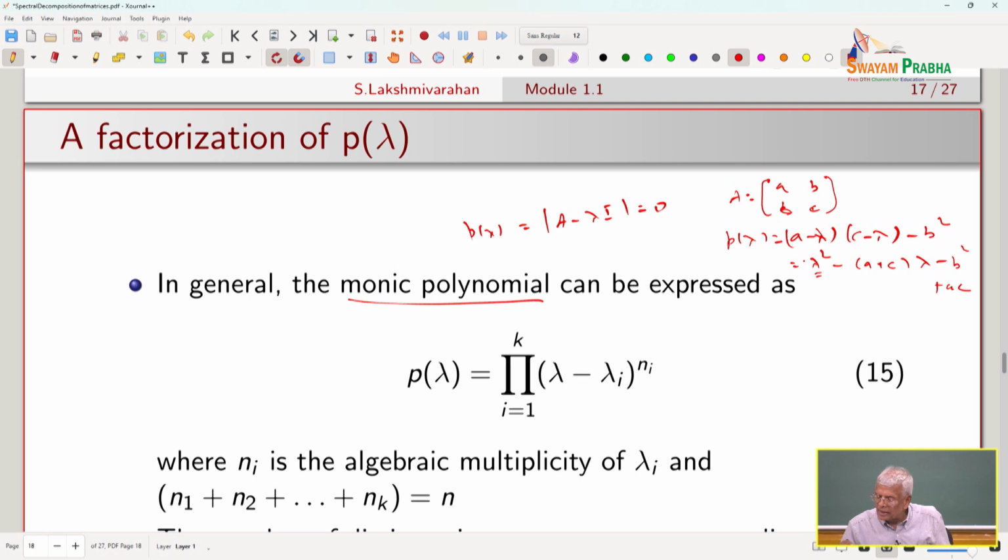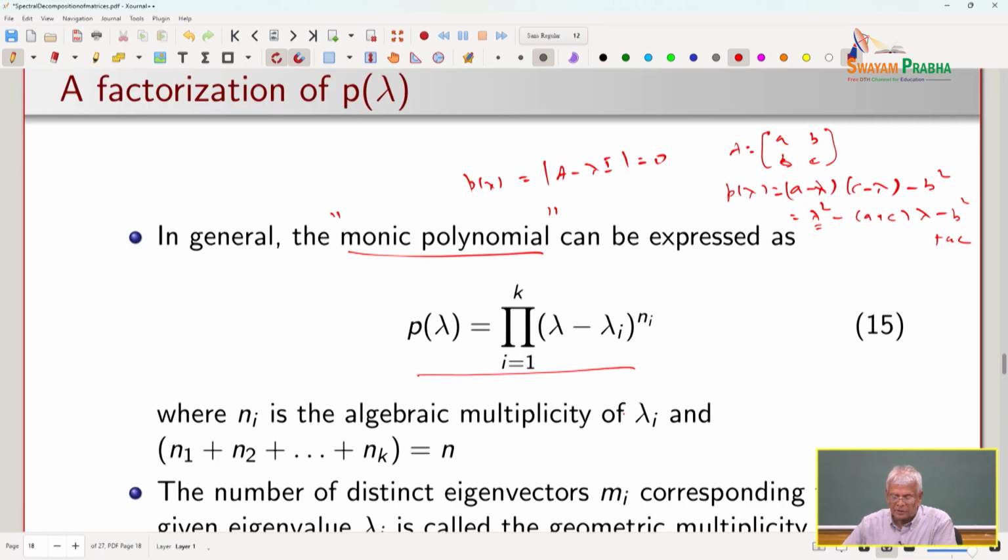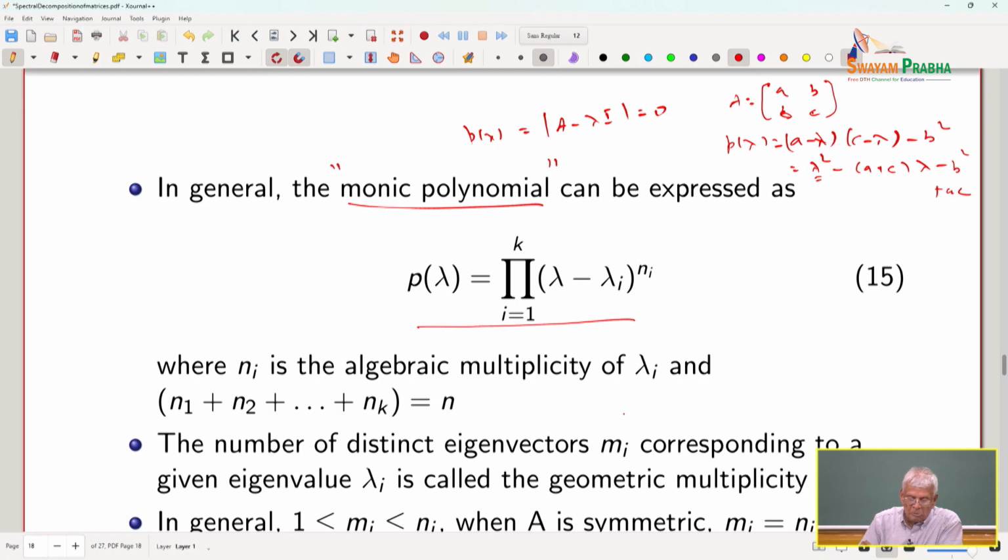So lambda squared has a unit coefficient. In general, the characteristic polynomial is a monic polynomial whose leading coefficient is 1. So that is the notion of a monic polynomial. p of lambda can be expressed as the product of powers of monomials.